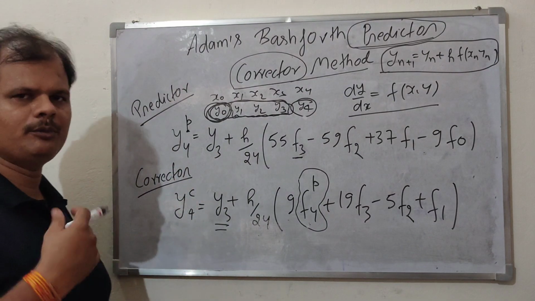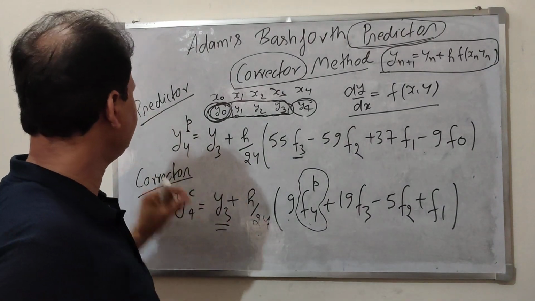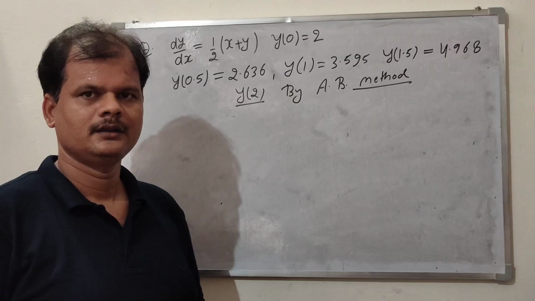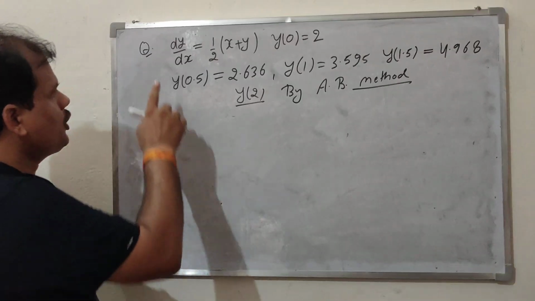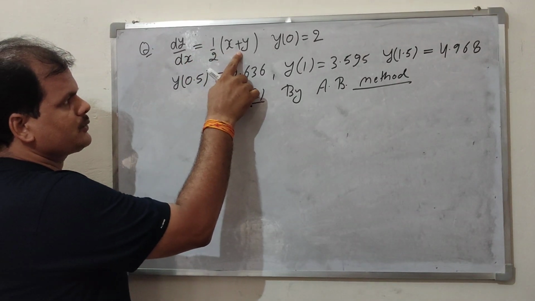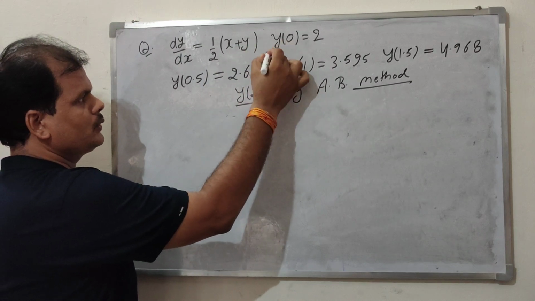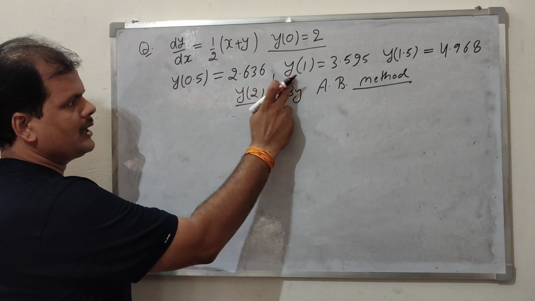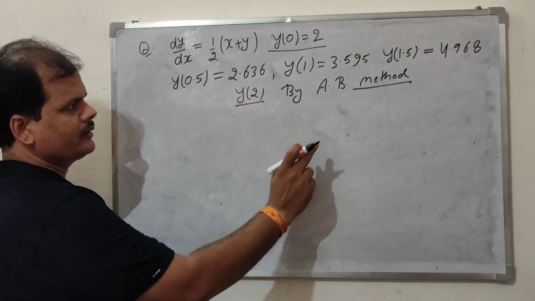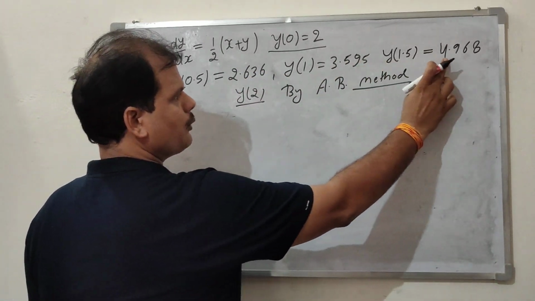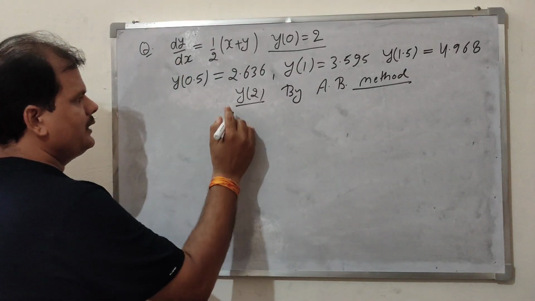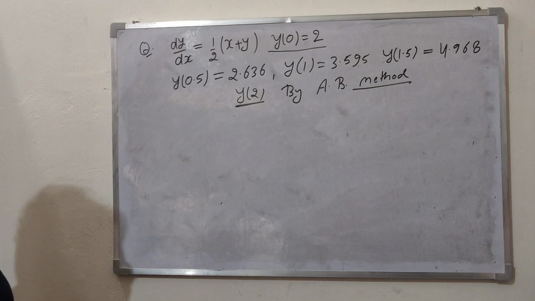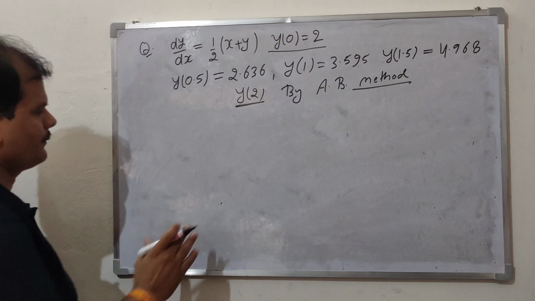Let us see one problem, and how we apply this predictor and corrector formula. The question: given dy by dx equal to 1 by 2 x plus y, y(0) equal to 2, y(0.5) equal to 2.636, y(1) equal to 3.595, y(1.5) equal to 4.968, find y(2) using the Adams-Bashforth method.